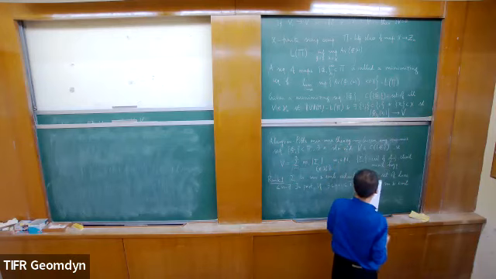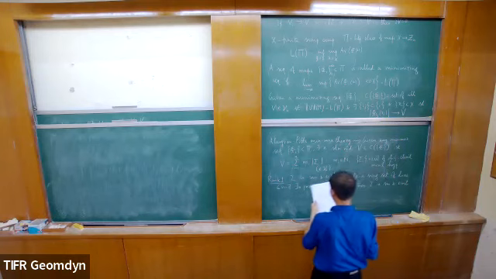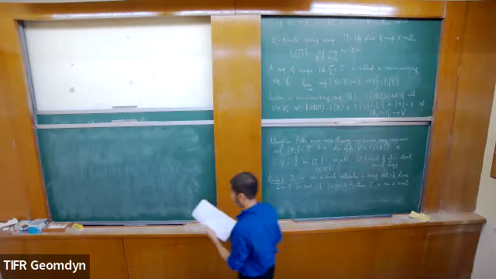So the reason we need the notion of varifold in this Almgren-Pitts min-max theory is the following.